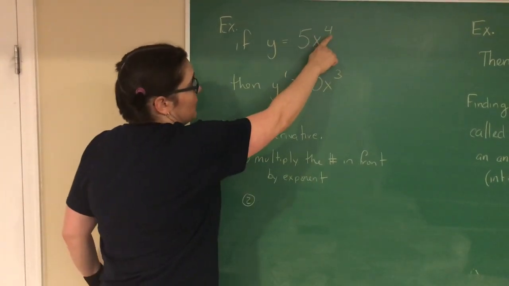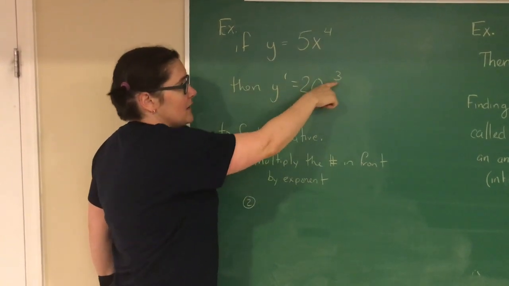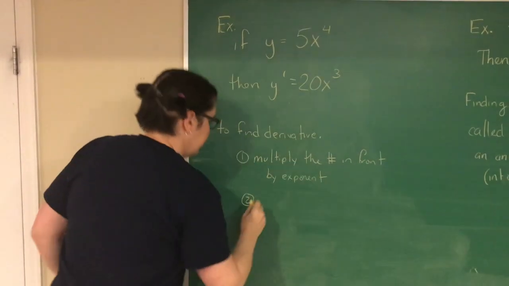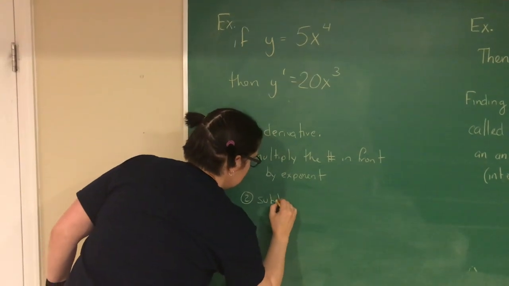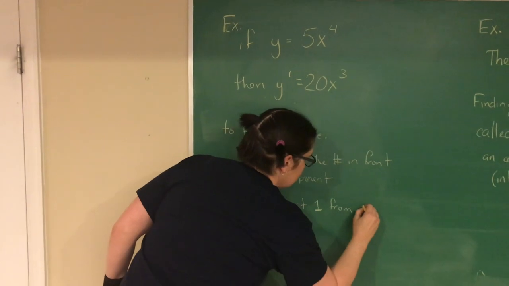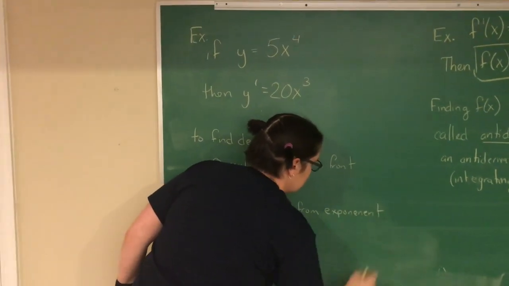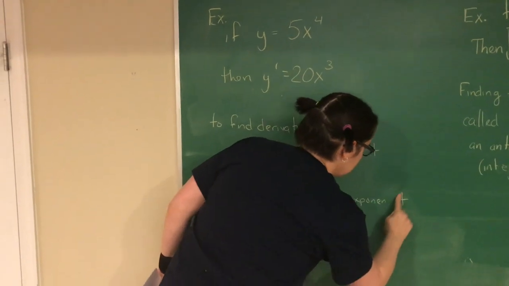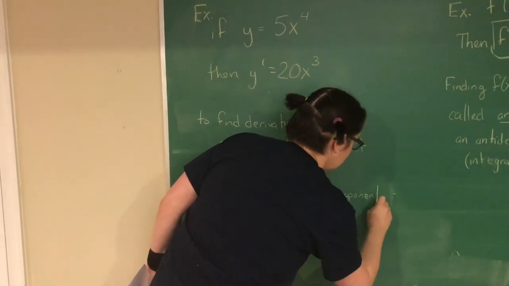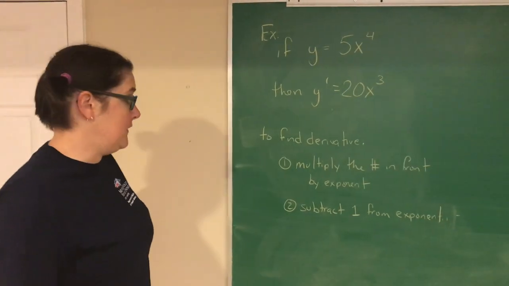And once we did that, once we bring the number down in front, multiply the 5 times the 4 gives us 20, then we subtract 1 from the power. So step 2 is to subtract 1 from the power or from the exponent. Okay, so these are our 2 steps for finding the derivative.